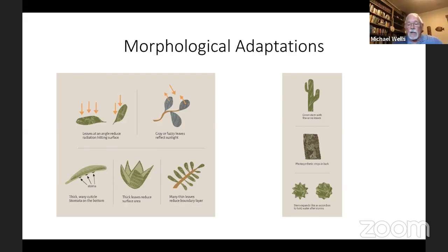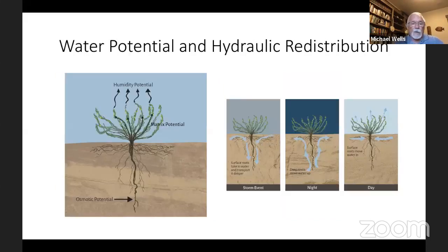We also have things like cactus that have succulent stems that can store water. And then, like a barrel cactus, there are accordion-like pleats in the trunk that can expand to allow the plant to obtain and store more water. And we talk about water potential and hydraulic redistribution.